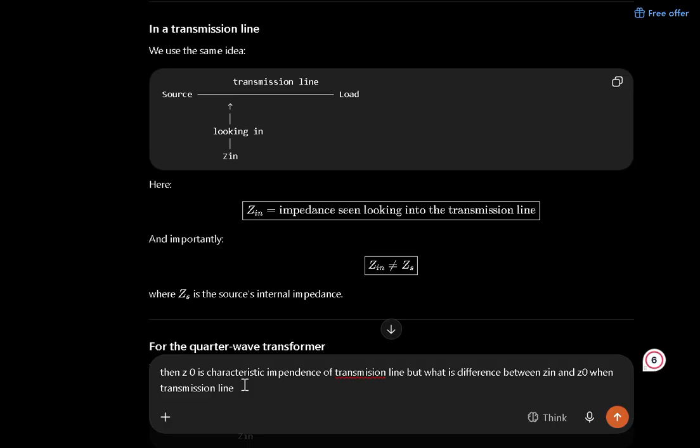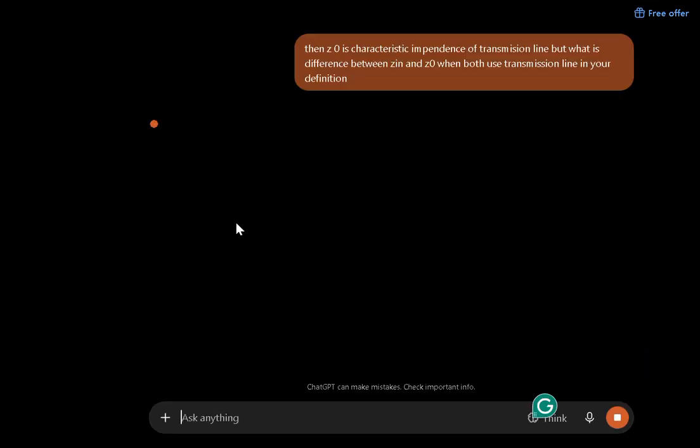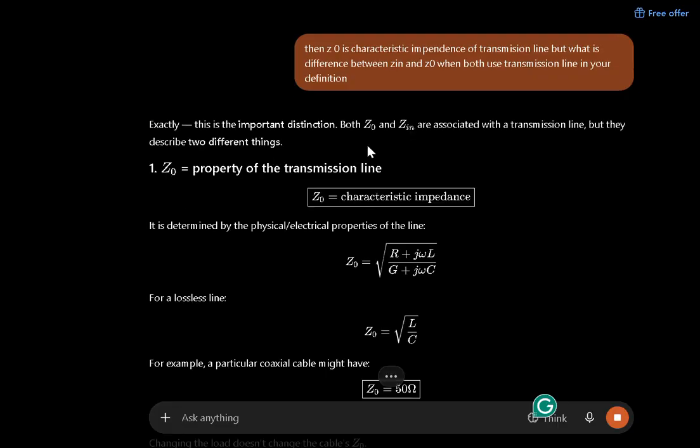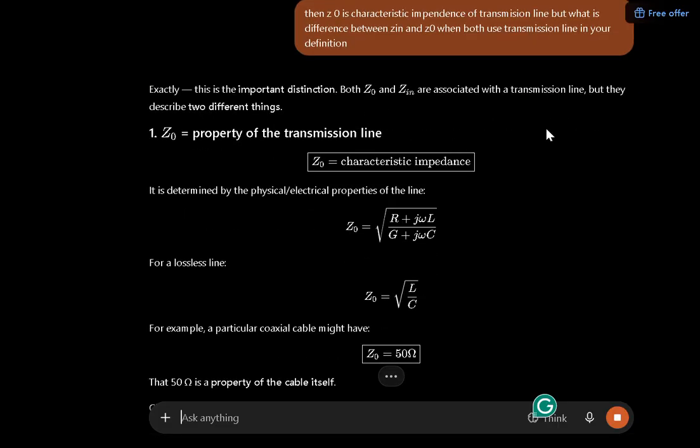Both use the transmission line in their definition. Exactly, this is the important distinction. Both Z0 and Zin are associated with the transmission line, but they describe two different things. Z0 is a property of the transmission line, its characteristic impedance.